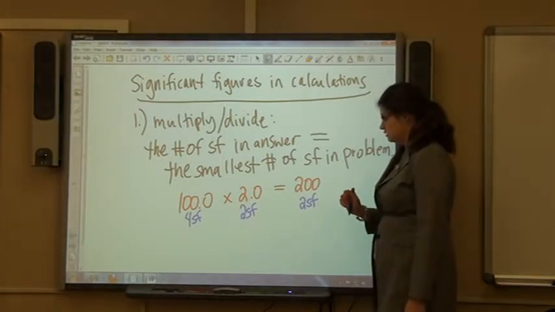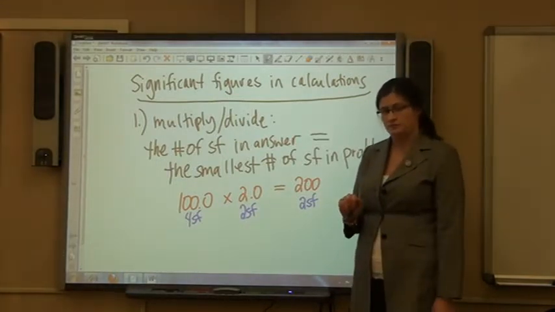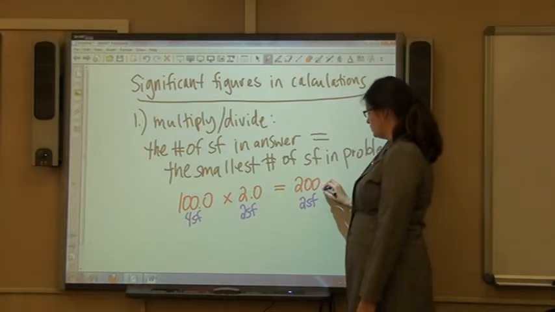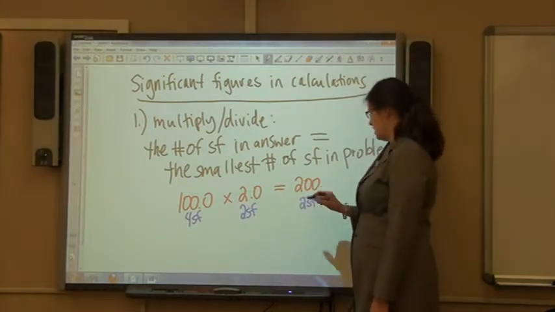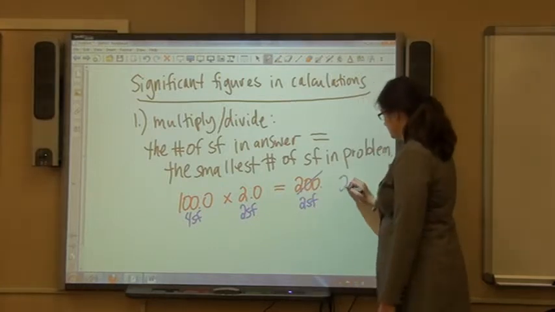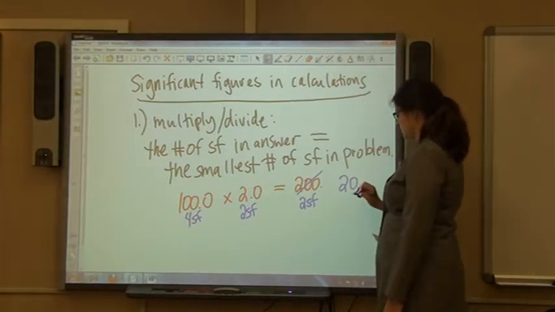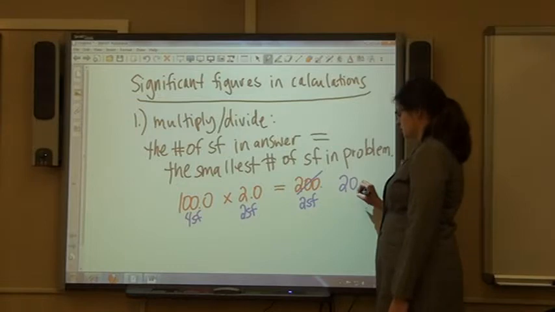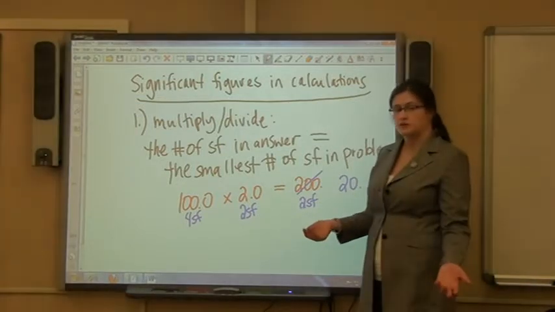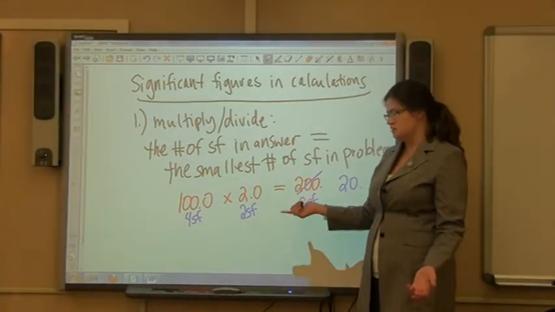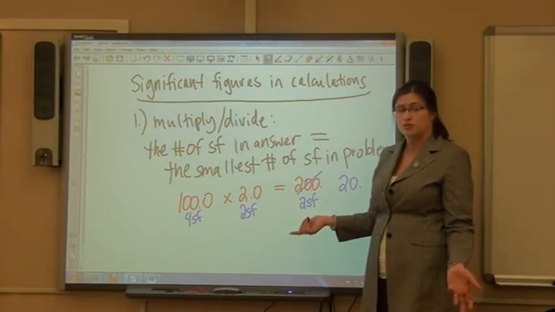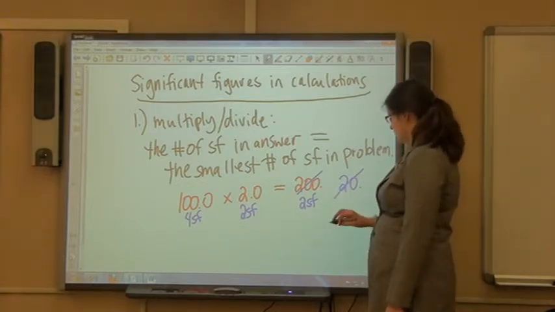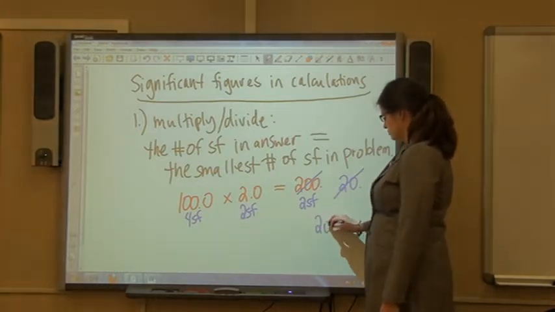Okay, this is tricky. We've got the number 200. If I put a decimal point here, that would give me 3 significant figures. That's not right. If I wrote this number, 20, that would be the right number of significant figures, but 100 times 2 isn't 20, it's 200. So we can't write that, that's not right. So what do we do?